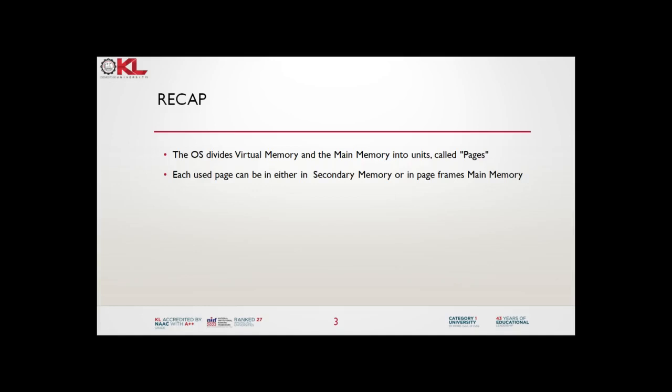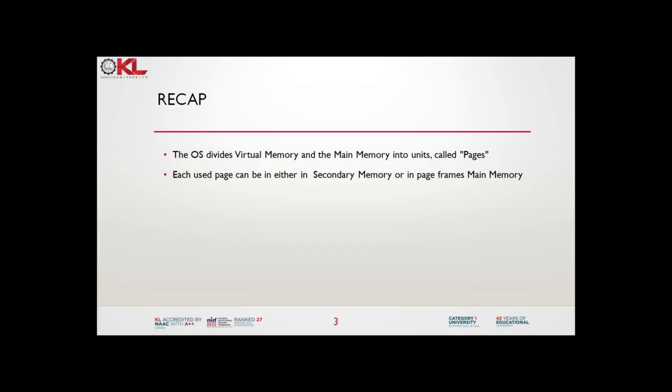So when exactly are we going for page replacement? When there is a need of moving the data from secondary storage into main memory, we call it swapping in. Retrieving the data back from main memory to secondary memory, we call it swapping out.